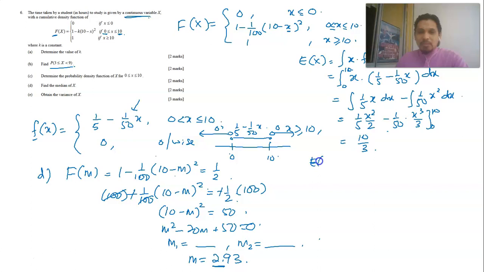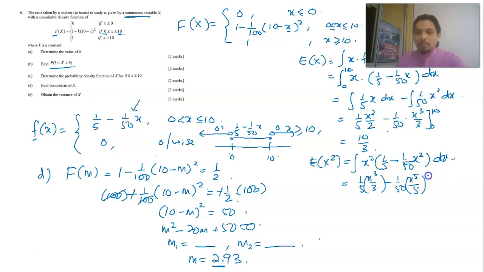So the expected value of x squared is the integral of x squared times the function f(x), (1/5 minus 1/50 x) squared dx. So then it is 1/5 x cubed divided by 3 minus 1/50 x⁴ divided by 4, from 0 until 10.